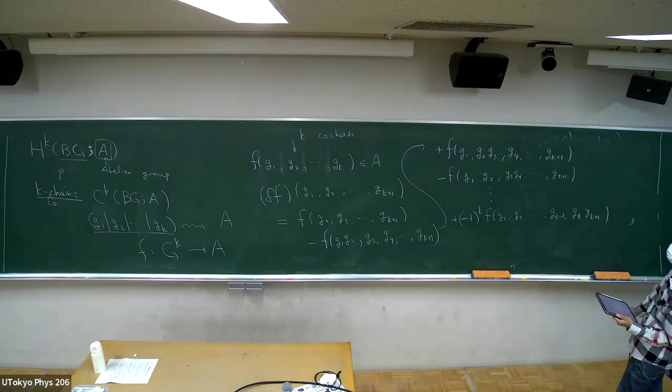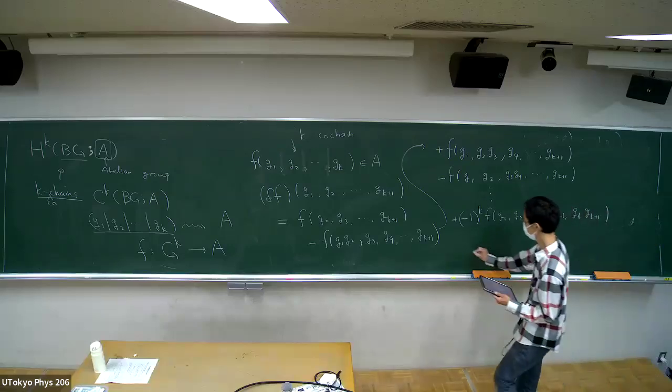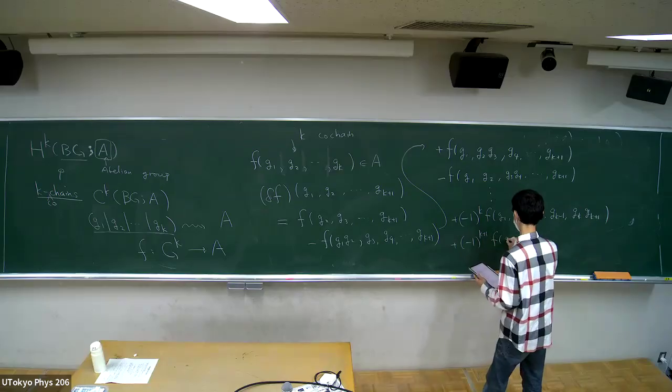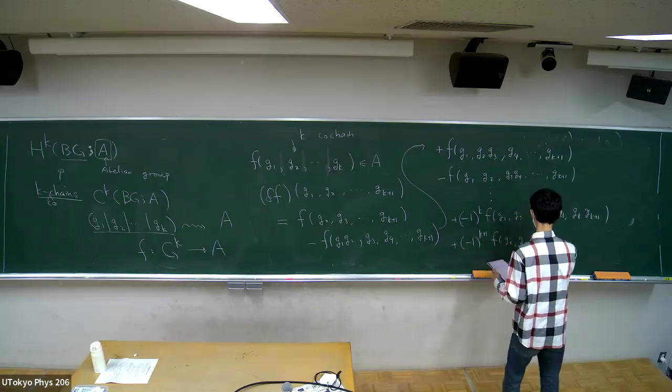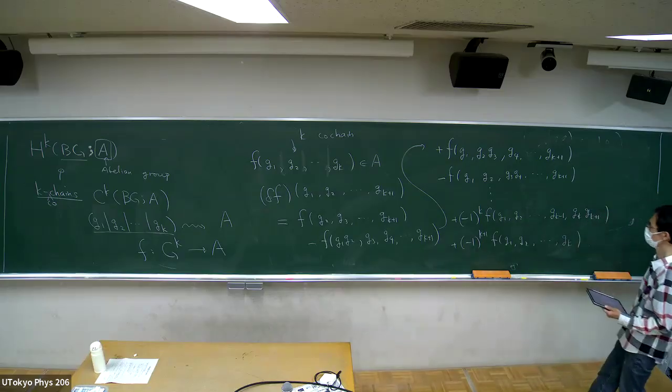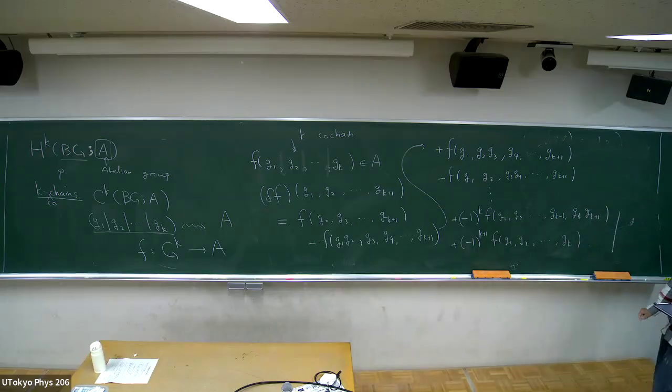I hope the sign is right. And then you finally have minus one to the k+1, f(g1, g2, ..., gk). So this is the action of delta.